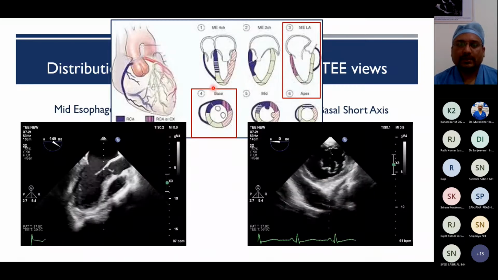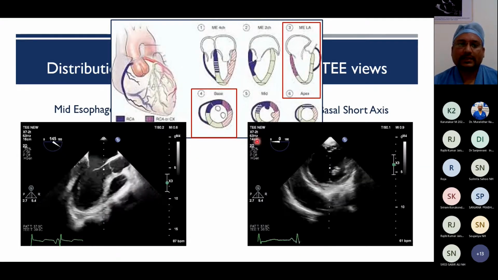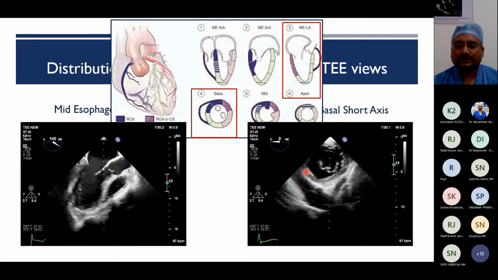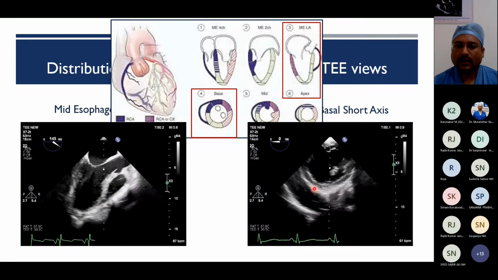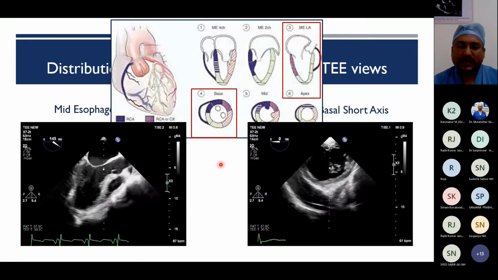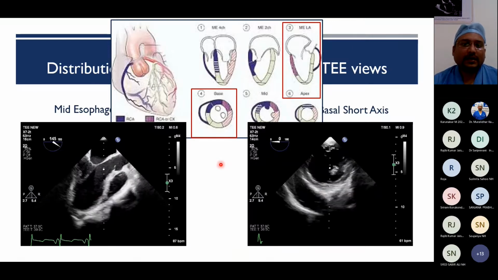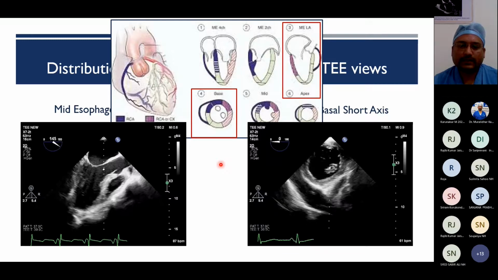And in the transgastric basal short axis view, we can see the basal anteroseptum and basal anterior are akinetic and a little scarred also. So this is the same patient with a LAD territory infarct, depicted in the midesophageal long axis and the transgastric basal short axis view.